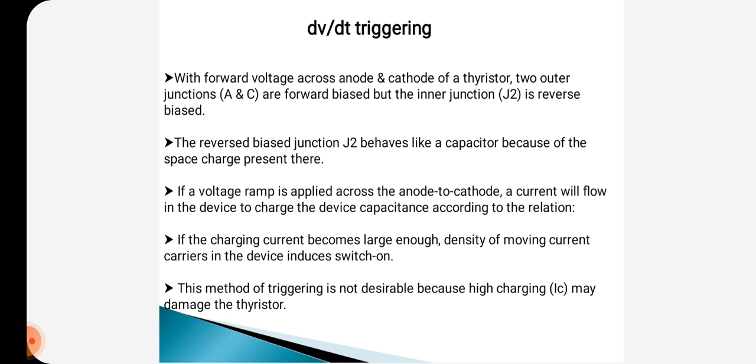From this equation, if the rate of change of applied voltage is large, it leads to a large charging current, which is enough to increase the value of alpha. So the SCR turns on without a gate signal. However, this method is avoided because it is a false turn-on process, and it can also produce very high voltage spikes across the SCR.